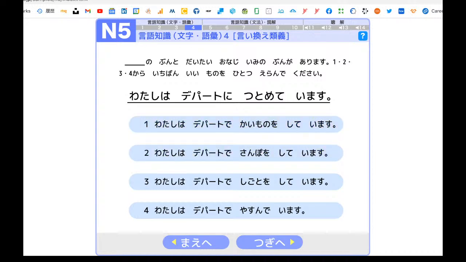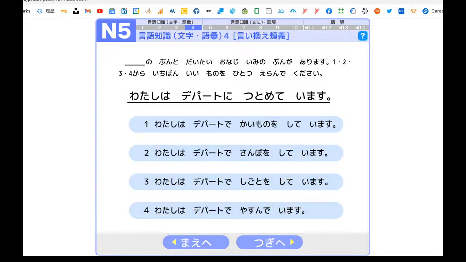So the only part you need to check is this object part. 買い物、散歩、仕事、休んで。Which one means 勤める?